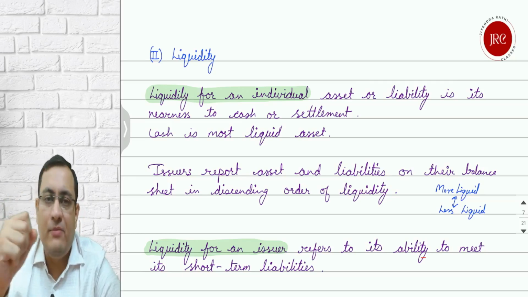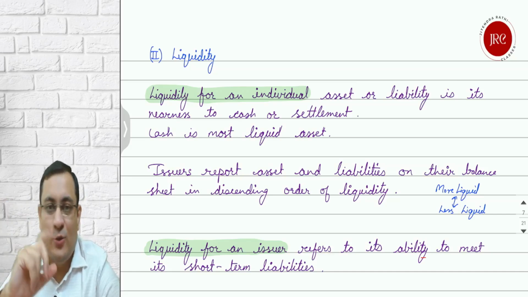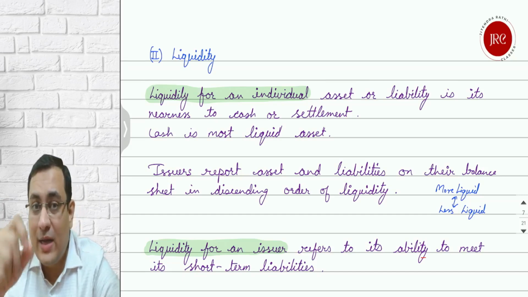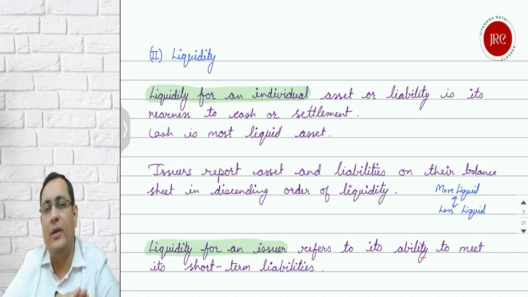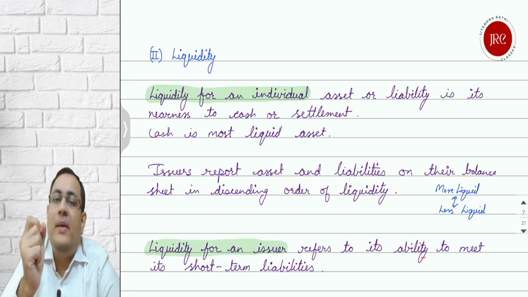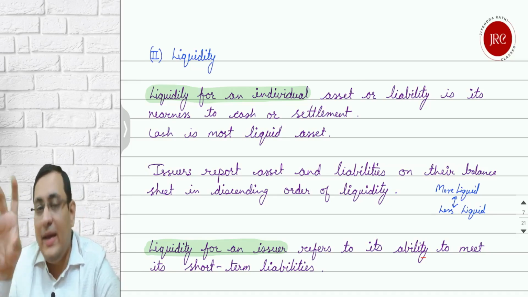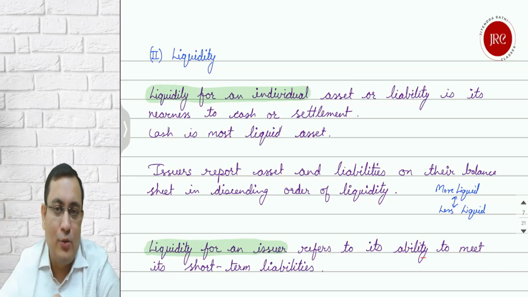You need to pay within 2 months, otherwise they will not sell raw material to you. So generally the suppliers' liability is treated as the most liquid liability. Next is your accrued expenses. You have taken the benefit, but the due date of payment has still not come, so you can delay till that due date. So the second liquid liability is your accrued expenses.